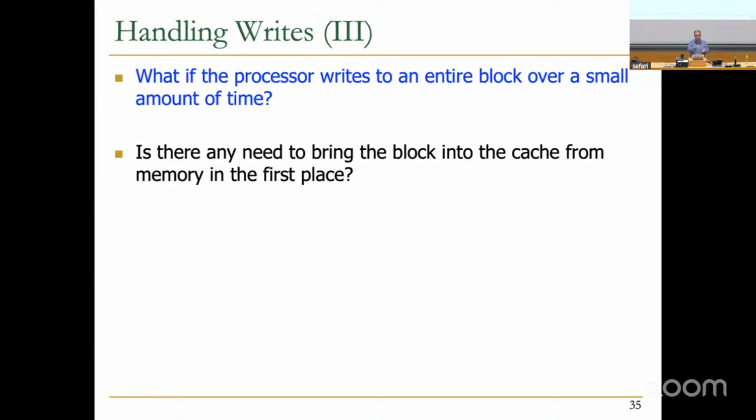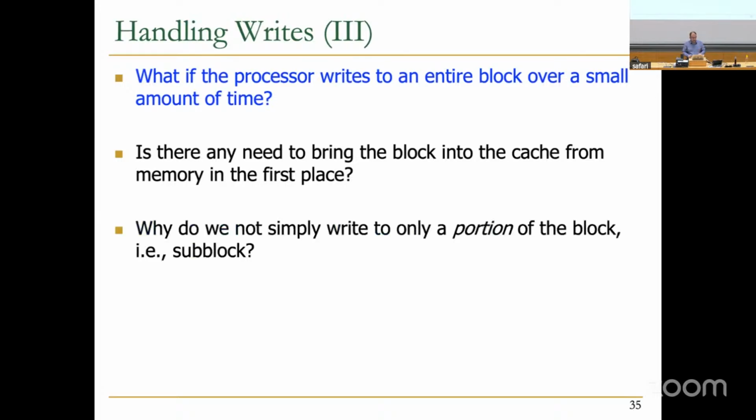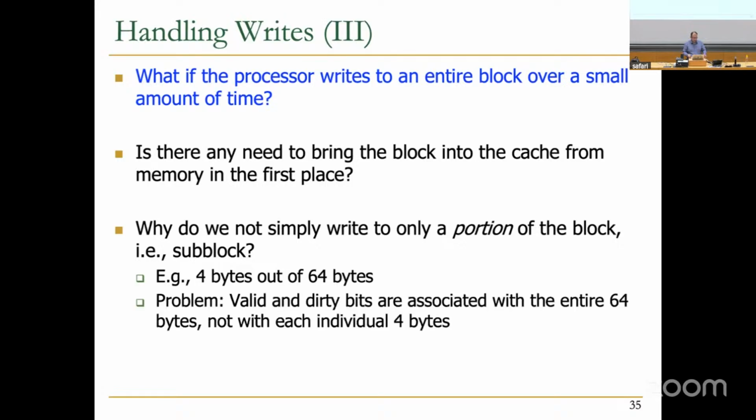Do we need to bring the whole cache block from memory in the first place, or can we bring it partially? Why do we not simply write to only a portion of the block, which we can call a sub-block? An example is 4 bytes out of 64 bytes. You have a 64-byte block, and you just want to update only 4 bytes of that block. Why not only update those 4 bytes in your cache block?